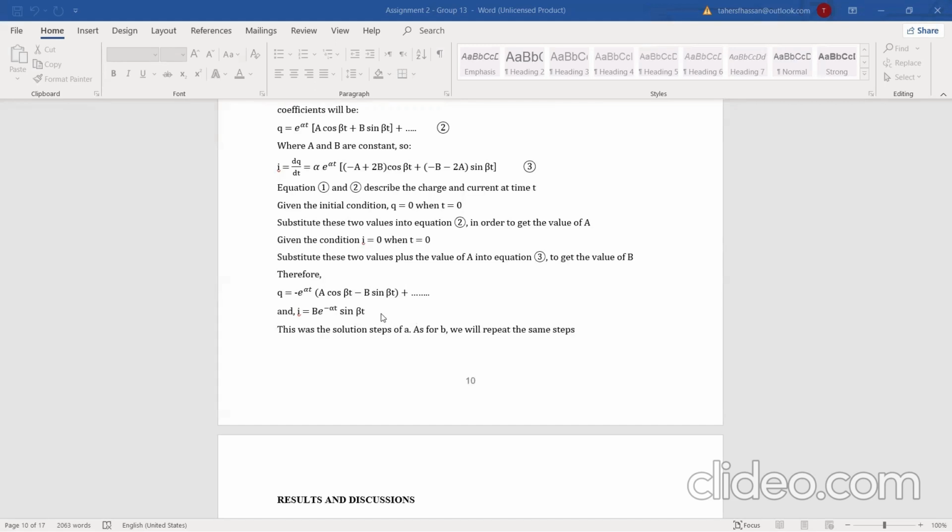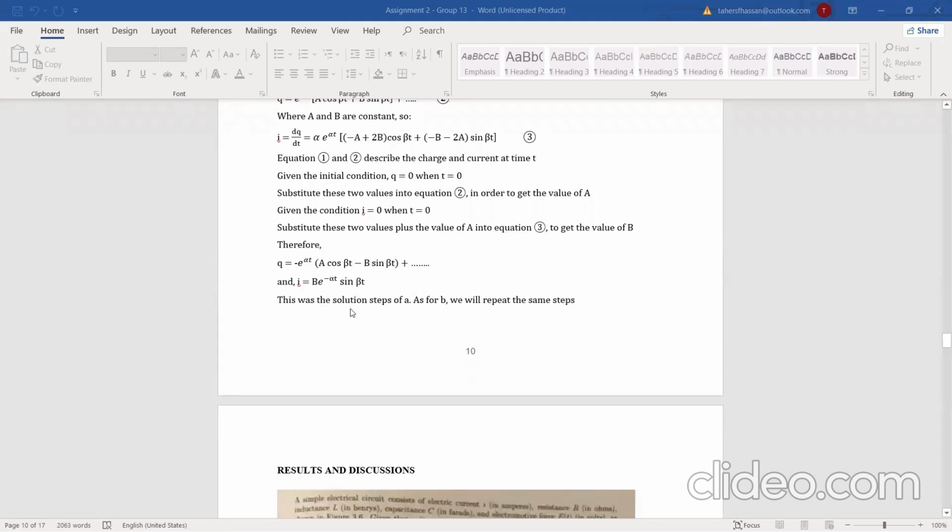This is the general equation. This was the solution steps of A. As for B, we will repeat the same steps.